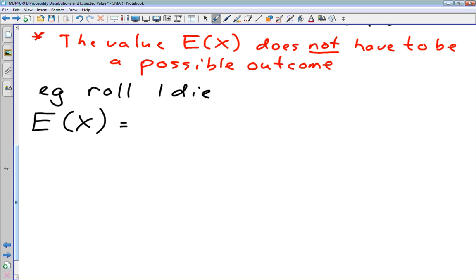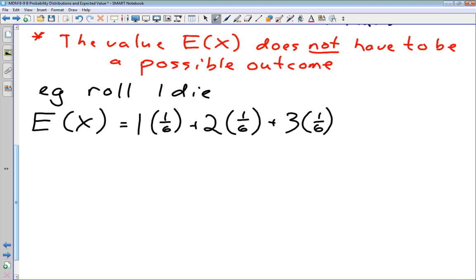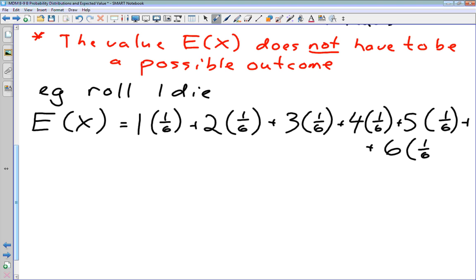So our expected value is going to be 1 times 1 over 6 plus 2 times 1 over 6 plus 3 times 1 over 6 plus 4 times 1 over 6 plus 5 times 1 over 6 plus 6 times 1 over 6.